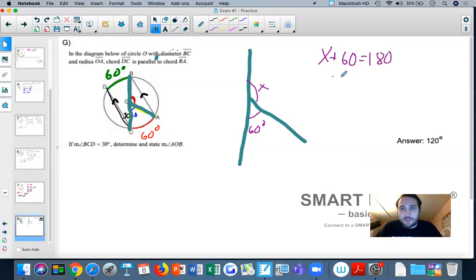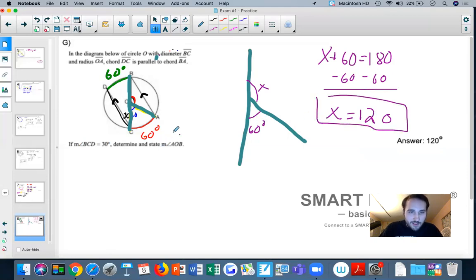So getting x by itself, subtract 60 on both sides. Boom, x equals 120. So our final answer is the measure of angle AOB is 120 degrees.